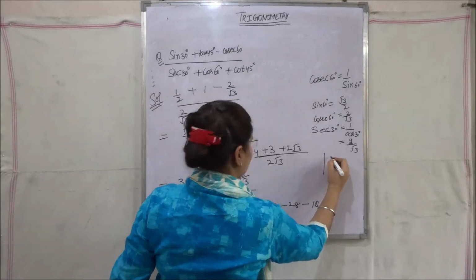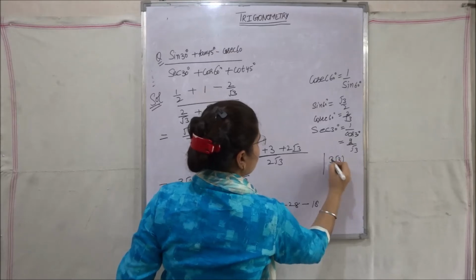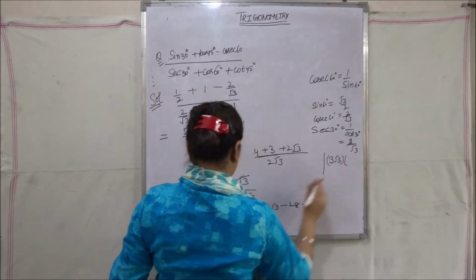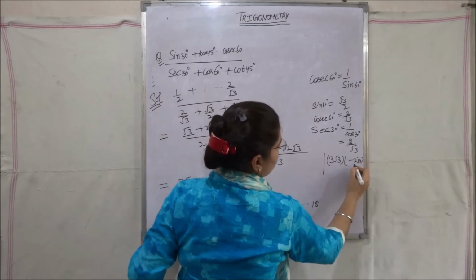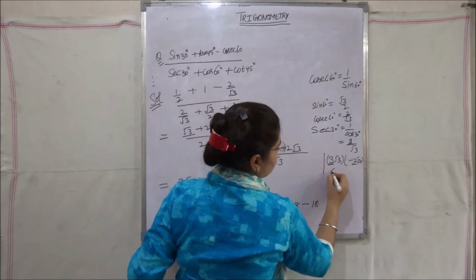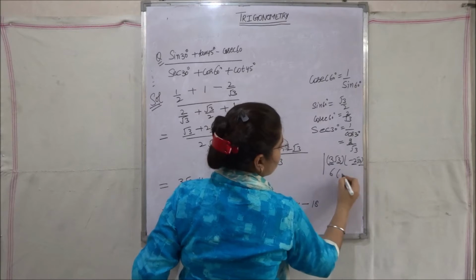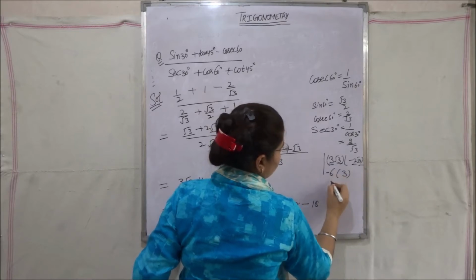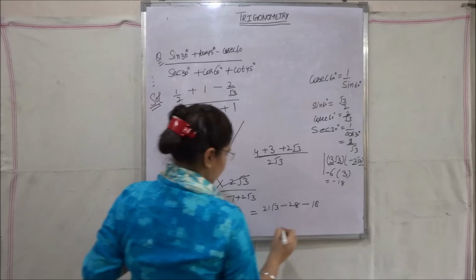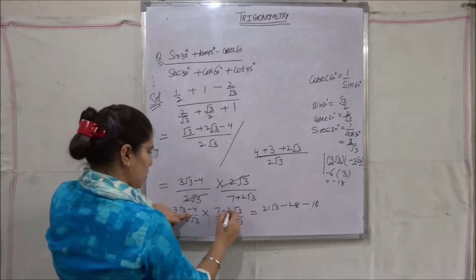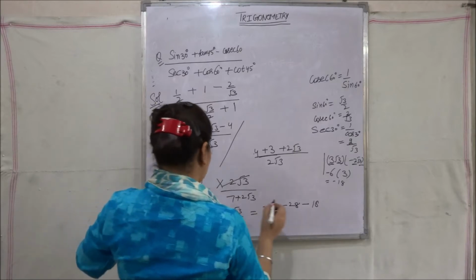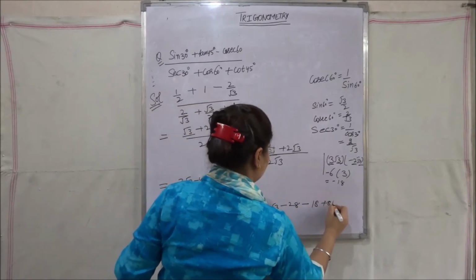Let's solve it. 3 root 3 multiplied by 2 root 3: 3 multiplied by 2 will be 6, root 3 times root 3 will be 3 with a negative sign, so it becomes minus 18. Now again minus 4 minus 2 root 3 will be 8 root 3.